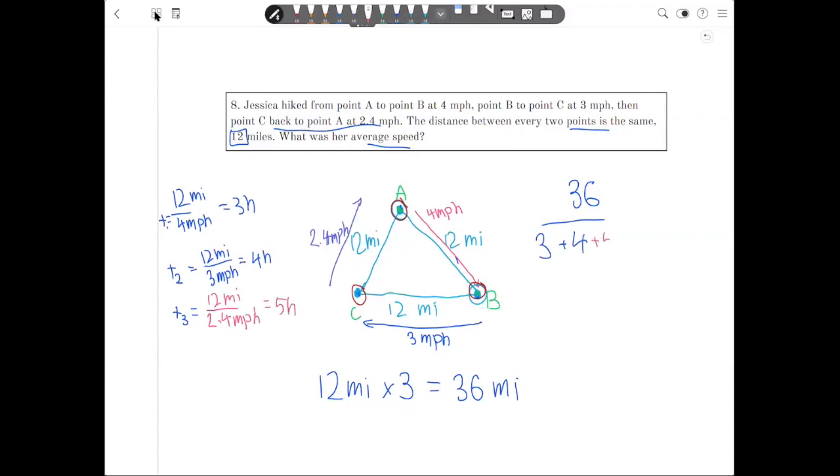Which is 3 plus 4 plus 5. So 3 hours, 4 hours, and 5 hours.